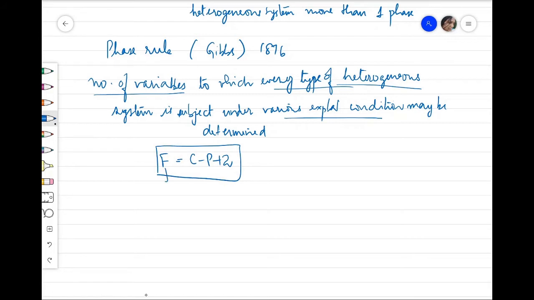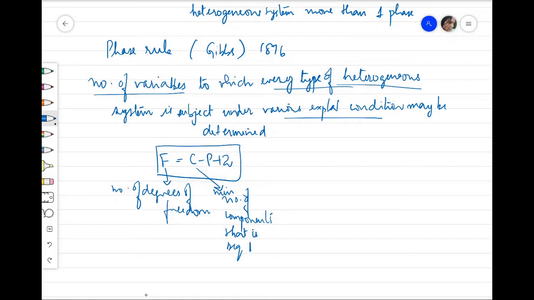Now here F is what we know as the degrees of freedom, or rather the number of degrees of freedom. C is the number of components, or to be more precise, the minimum number of components that is required to define a system.